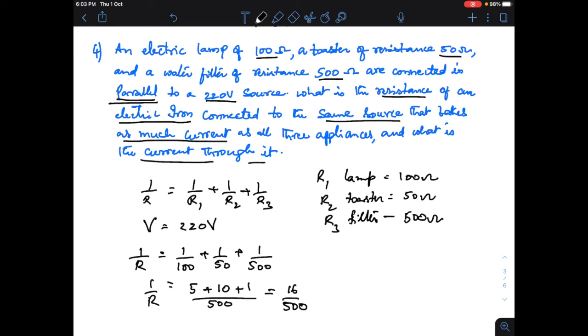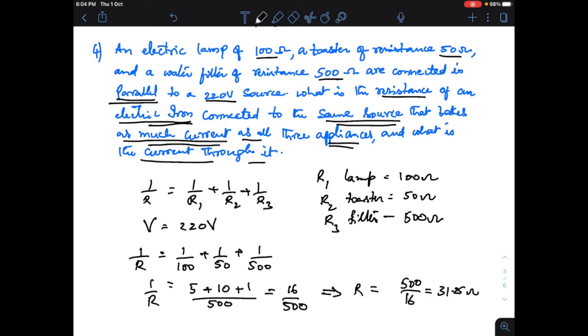1 by R. Therefore, this implies R is equal to 500 by 16, so that is equal to 31.25 ohms. Now, an electric iron is connected to the same source that takes as much current as the 3 appliances.